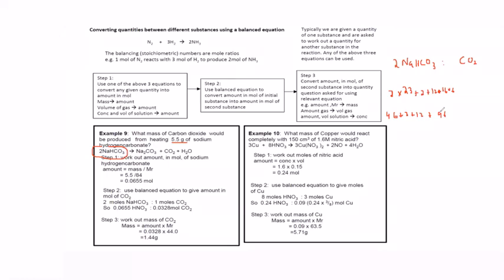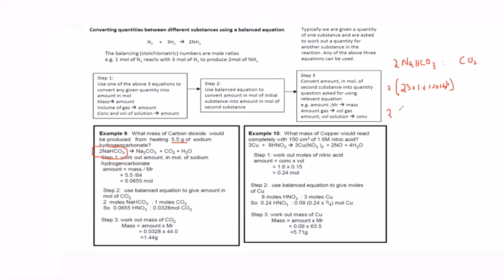For sodium hydrogen carbonate, sodium 23 multiplied by 2, or you can first take the mass of the sodium hydrogen carbonate and multiply it by 2. So sodium is 23 plus hydrogen is 1 plus carbon is 12 plus oxygen is 16 multiplied by 3.